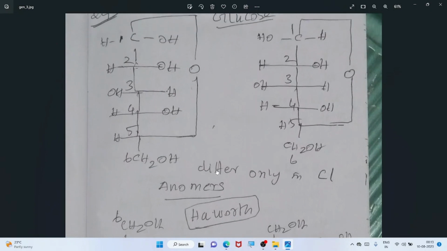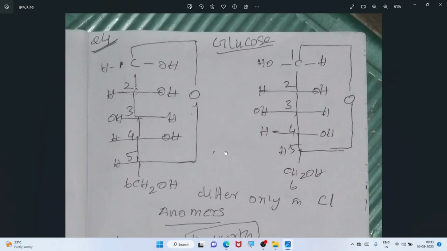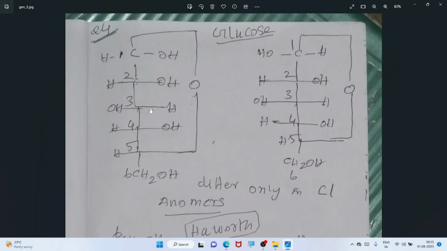See here, I will show you what an anomer is. You have to number the glucose starting with 1 from the carbon atom which has the functional group, the aldehyde group here. So from here 1, 2, 3, 4, 5. The anomeric carbon is the first carbon.